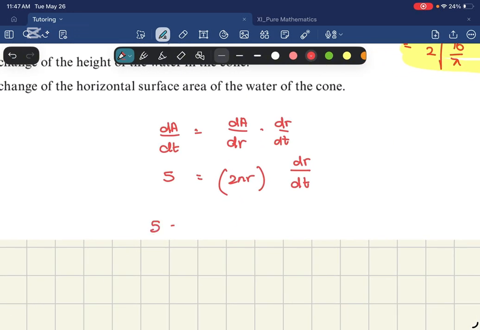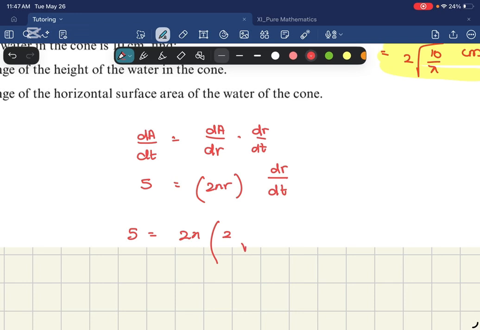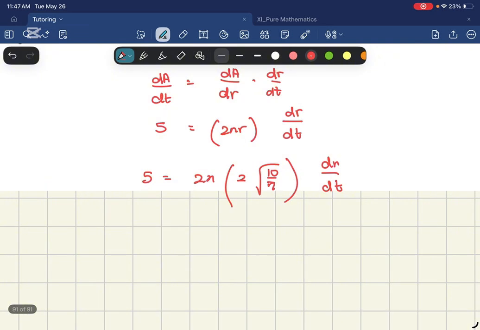So 5 equal to 2 pi. R is just 2 square root of 10 over pi. And times dr by dt. All right. So now we have 5 over 2 pi equals 2 square root of 10 over pi dr by dt.